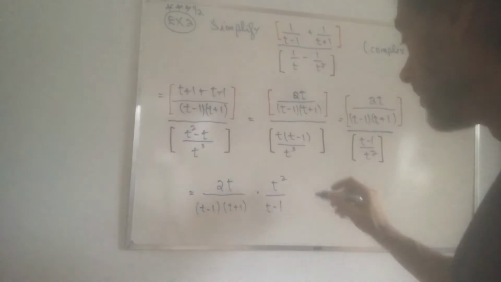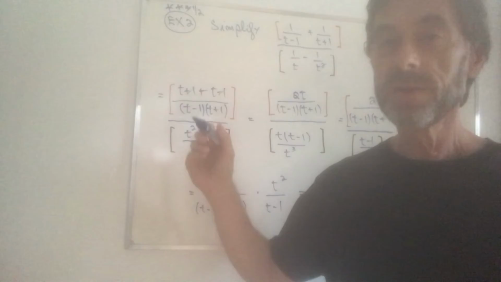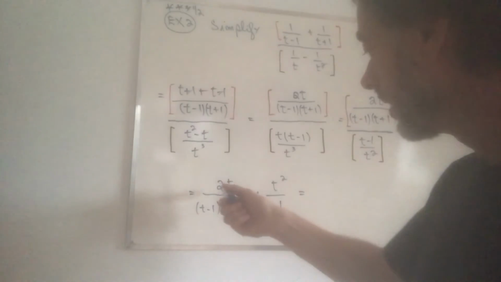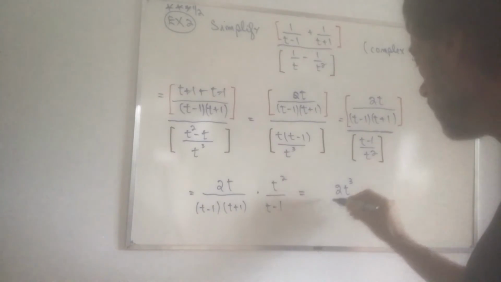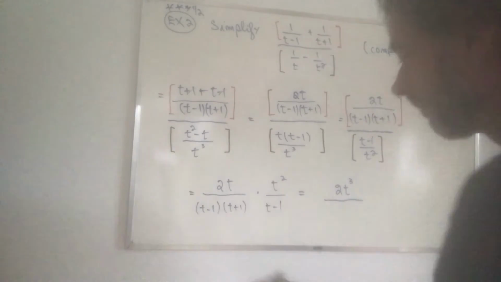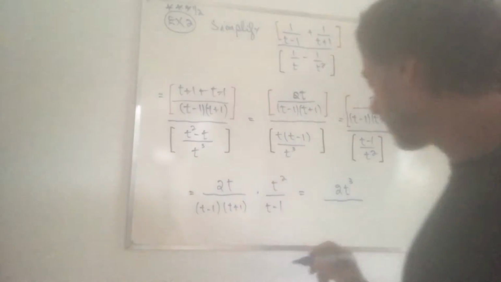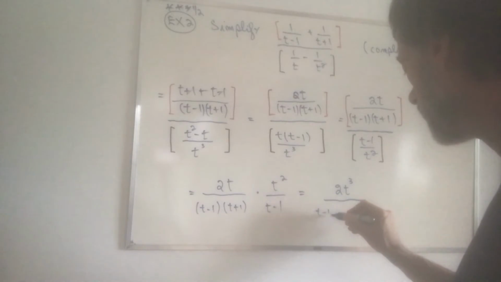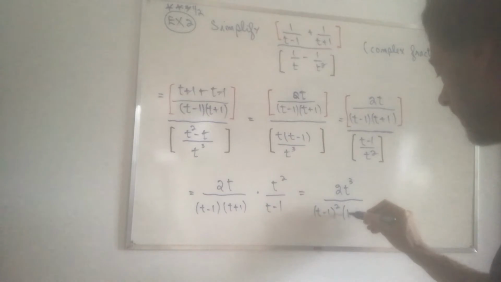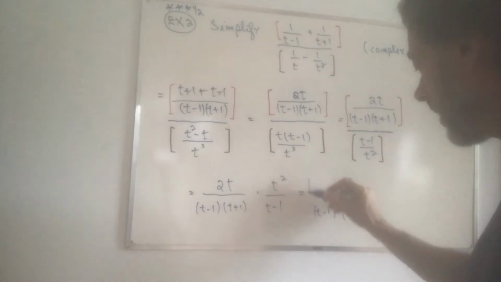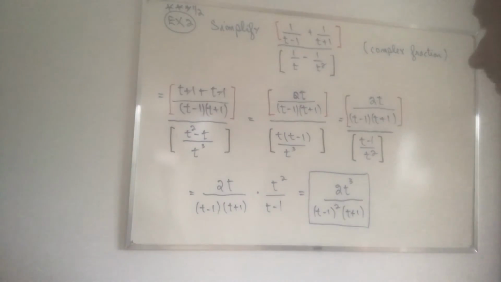Good? So, when all is said and done, I do believe we have something that is as simplified as can possibly be. 2t times t squared would be 2t cubed over t minus 1 times t plus 1 times t minus 1. So t minus 1 times t minus 1, that's t minus 1 squared. And then I'm left with the t plus 1, and then I have it. That is the utmost simplified version of the answer for this problem.